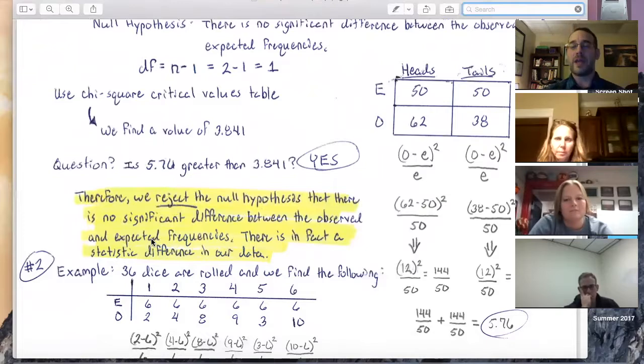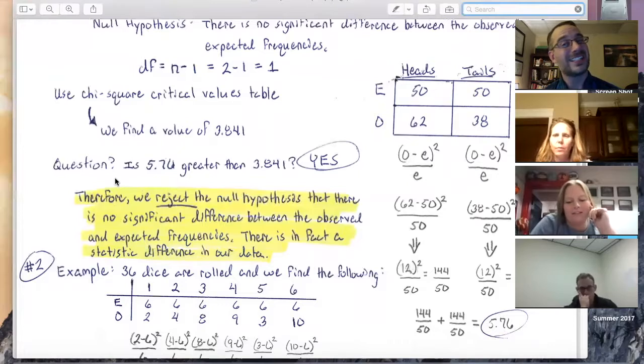What if we would have come up with a chi-square value of 2.76? How would we have interpreted our results? Someone? We would have accepted it. We said we don't necessarily accept.